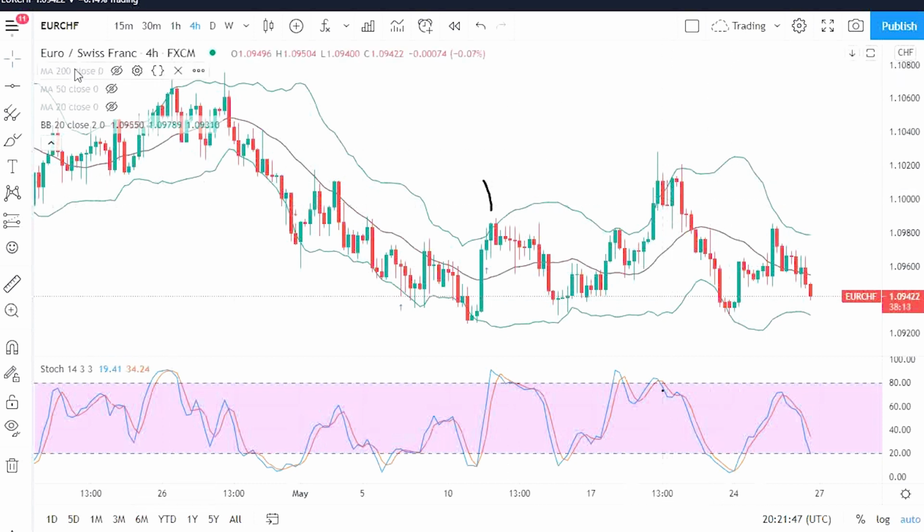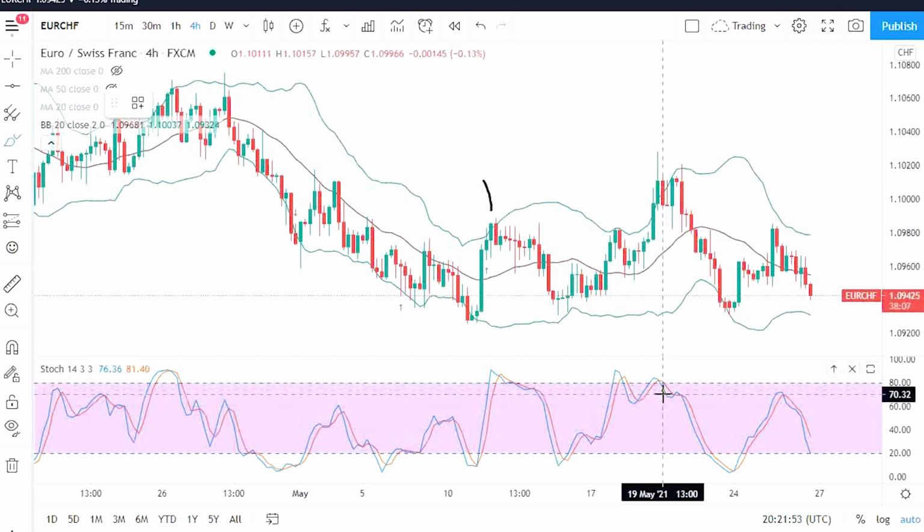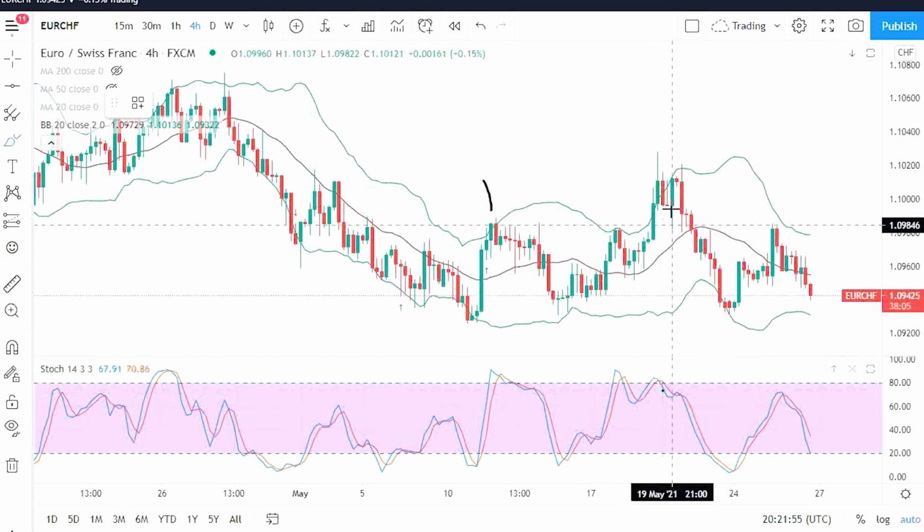But this is a good example of one not to take. It comes up here and we get the engulfing. The stochastic isn't all the way in overbought, so we wouldn't have taken it. And then it gives us another kind of reversal signal again. The big candle up, the doji, and the big candle down. I don't like that. We can group it in with riding. It's riding the Bollinger Band.